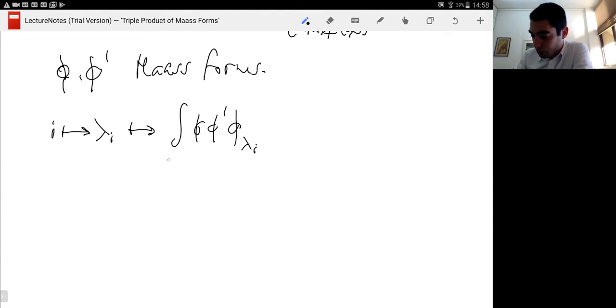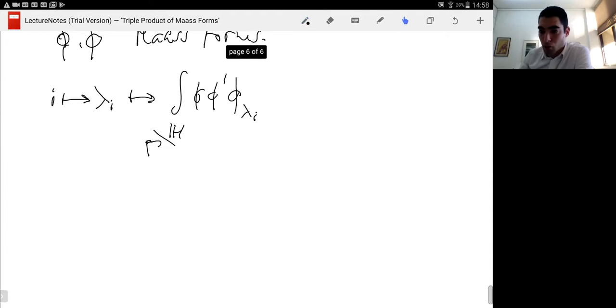Over H mod gamma. Well, okay. This is a numerical quantity that one can ponder about its asymptotics. We have a sequence of numbers parameterized by i, and one can ask how it grows. In particular, in view of previous results, we know the clustering features of these lambda i's.